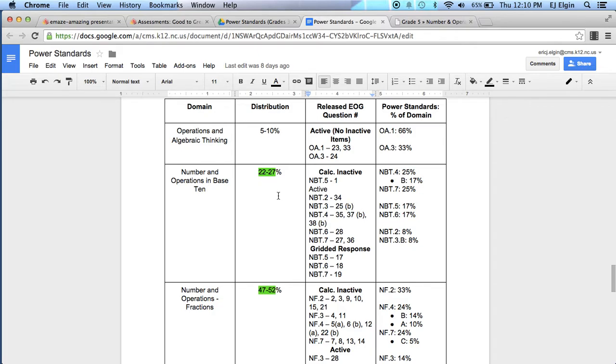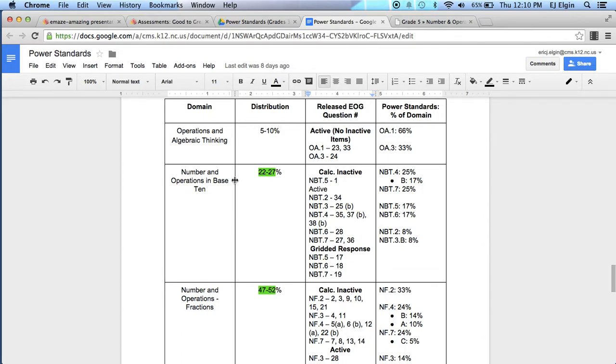We've got to go in and actually look at what kinds of NBT questions they are, because NBT 4 and 7 are about decimals and place value, whereas NBT 5 and 6 are about multiplication and division of multi-digit numbers. And those are two very different skills and concepts to teach students.